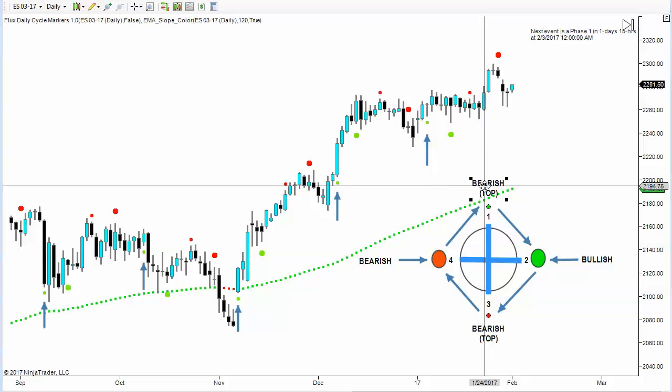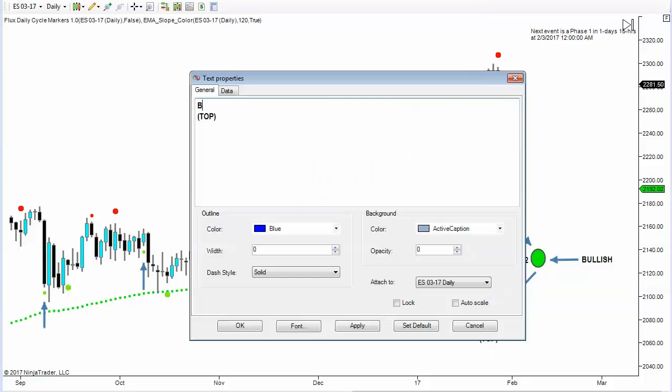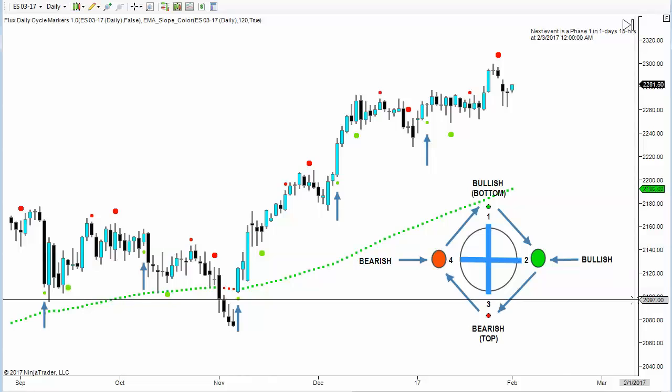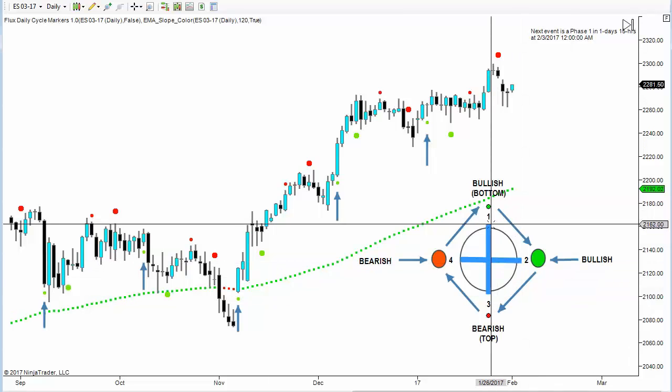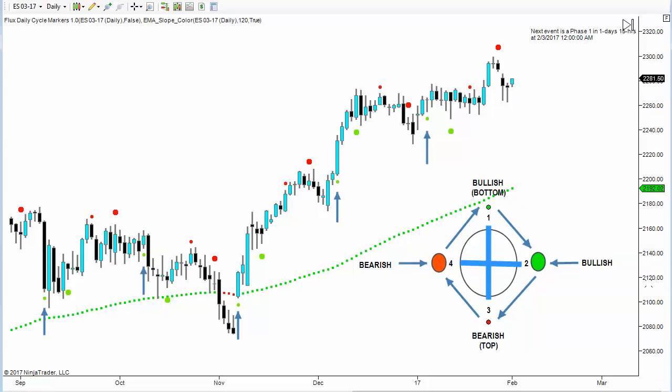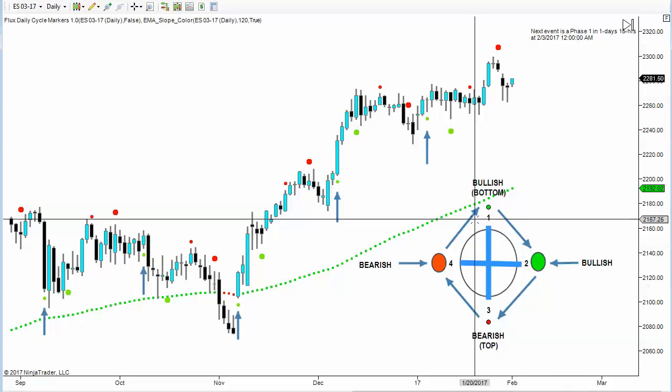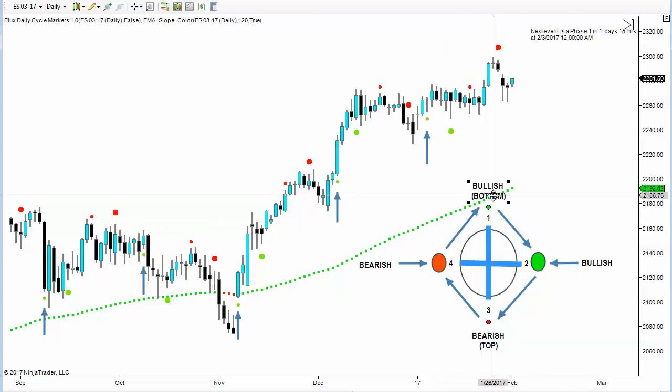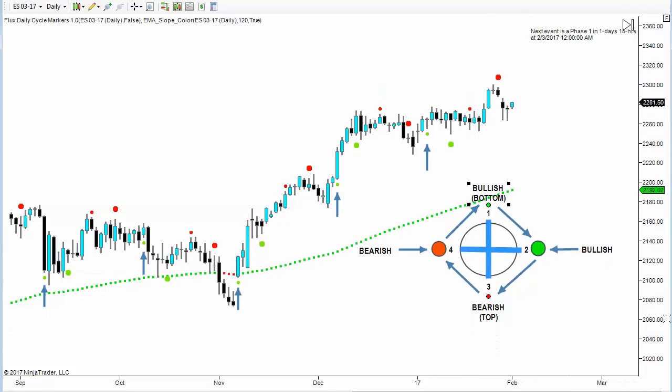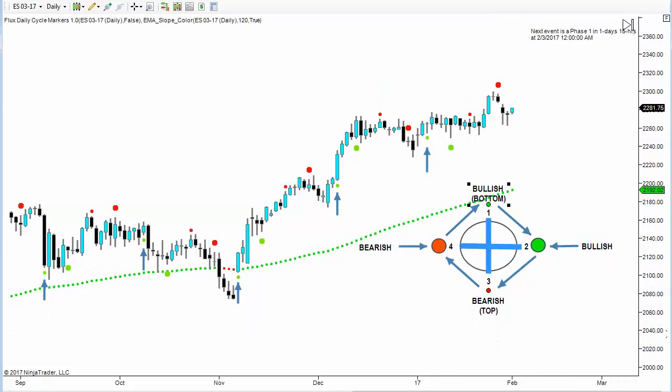And so that's a very important observation. And whether you're using the histograms and the time cycle markers to observe these behaviors, or you're using the daily cycle markers in this case, it's very important to take a few moments rather than sort of burst right in on the scene and start trading, and get a feel for the rhythm and the movements between the signals that you're following.